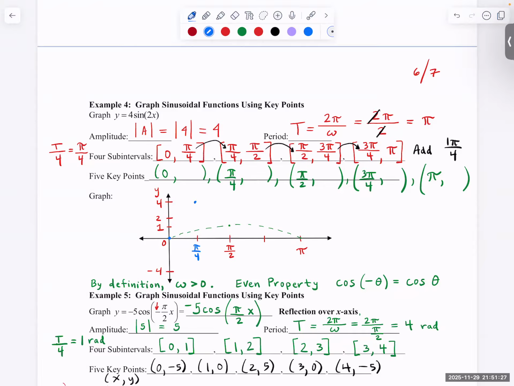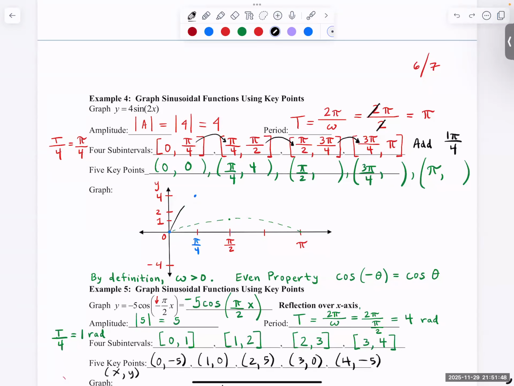So let's fill in those ordered pairs, 0, comma 0, pi over 4, comma 4. Then at pi over 2, since the graph is going to increase from the origin, rise, and then fall to 0 at pi over 2. So at pi over 2, the function value is back to 0.